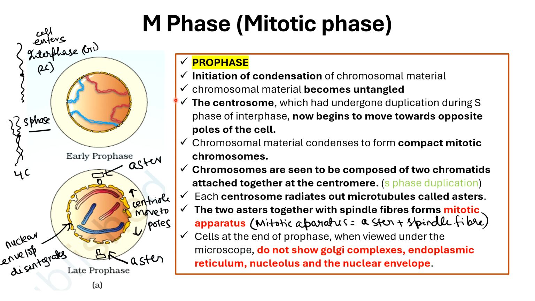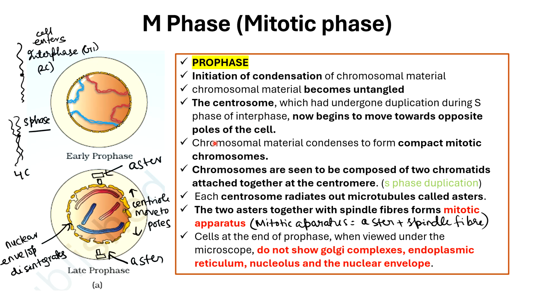Now consider a cell, and we are trying to divide its content. So if the chromatin, which is your DNA or the main genetic material, is tangled up, we cannot easily divide it equally. So what do we need first? First we need the condensation or the untangling of that DNA.